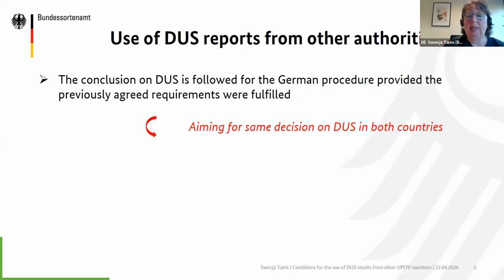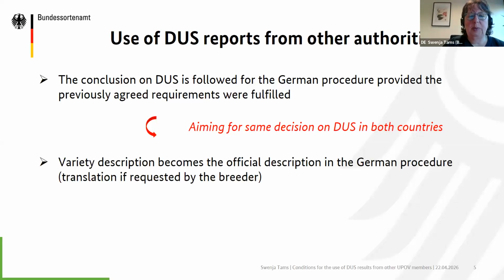So we aim for the same decision on DUS in both countries. If the testing authority decides it's not distinct or it's not uniform, then we aim for the same decision here. We do not want to have different decisions. We try to clarify that and understand why the testing authority comes to certain conclusions.